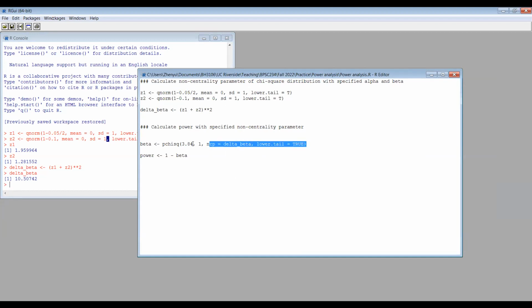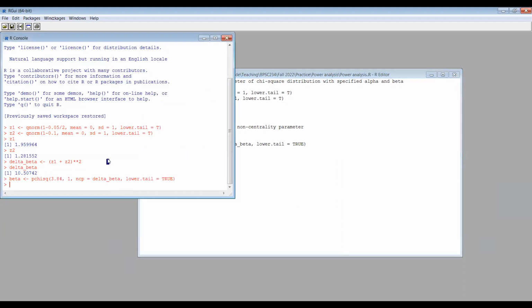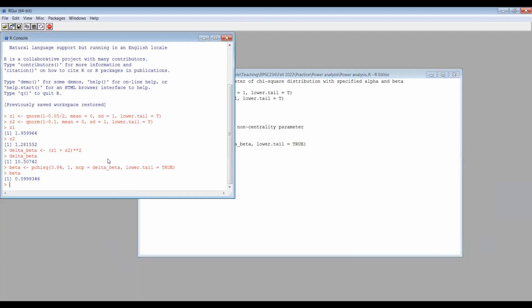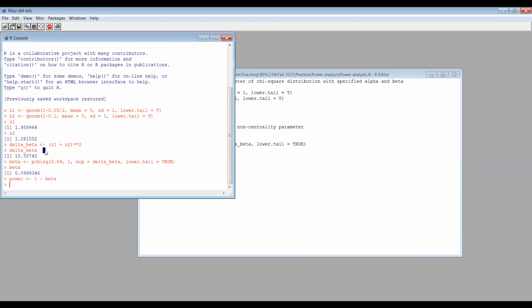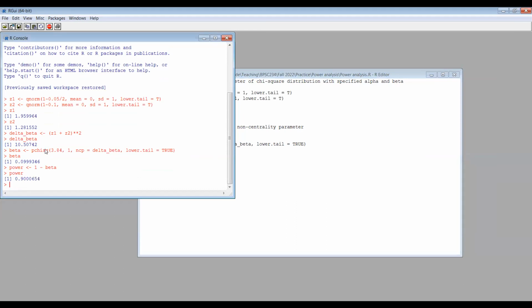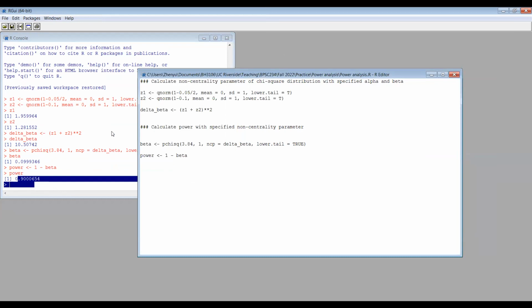And so this is how you calculate the beta. In this situation, the beta must be close to 0.1. Yeah, that's close to 0.1. And if you want to calculate the power in this situation, the power gives you 0.9. So yeah, that's correct. All right. And this will be part of the practice code that I'm going to give you for this week.